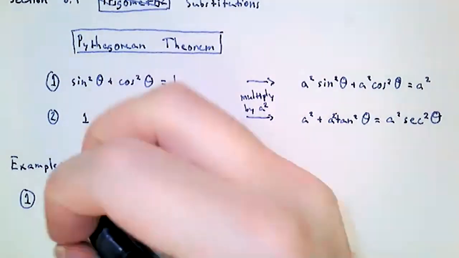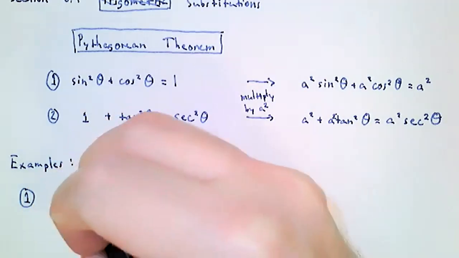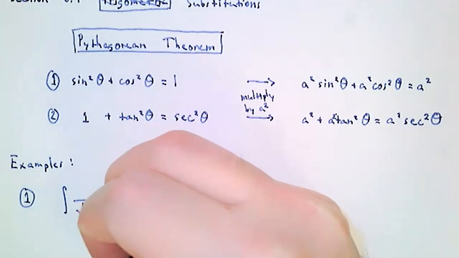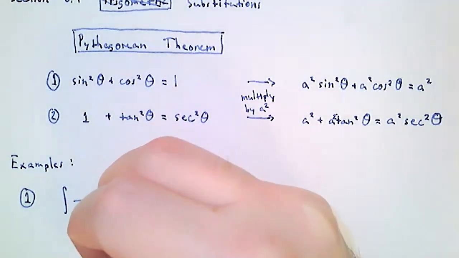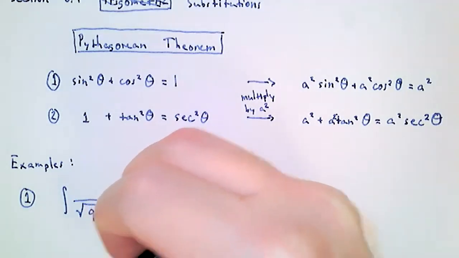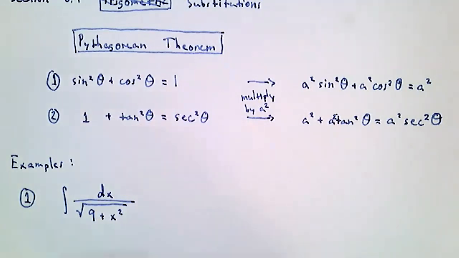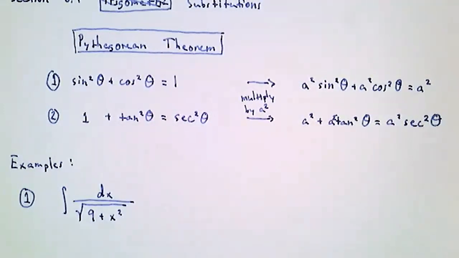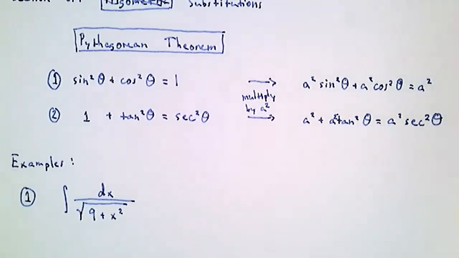Okay, so this is the integral that we want to do first. We're going to look at 1 over the square root of 9 plus x squared. Okay, so we know quite a bit of calculus at this point, so we should think through the kinds of techniques that we know about and just see if there's one that's relevant.